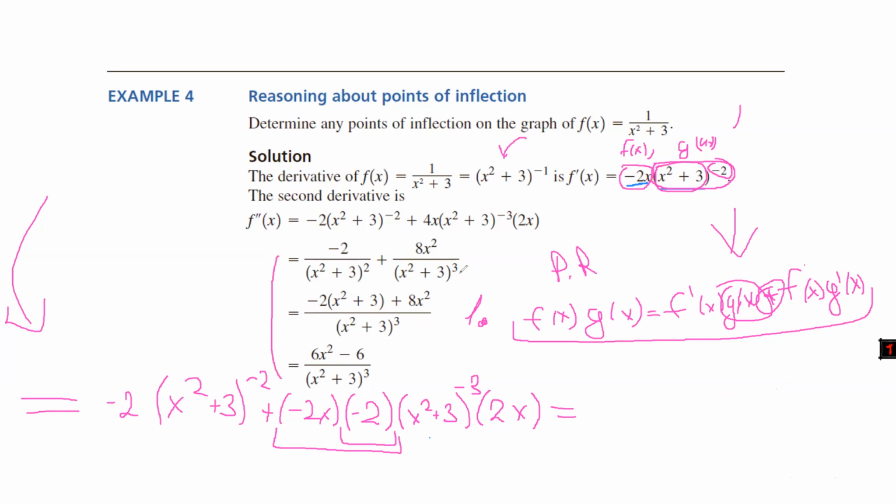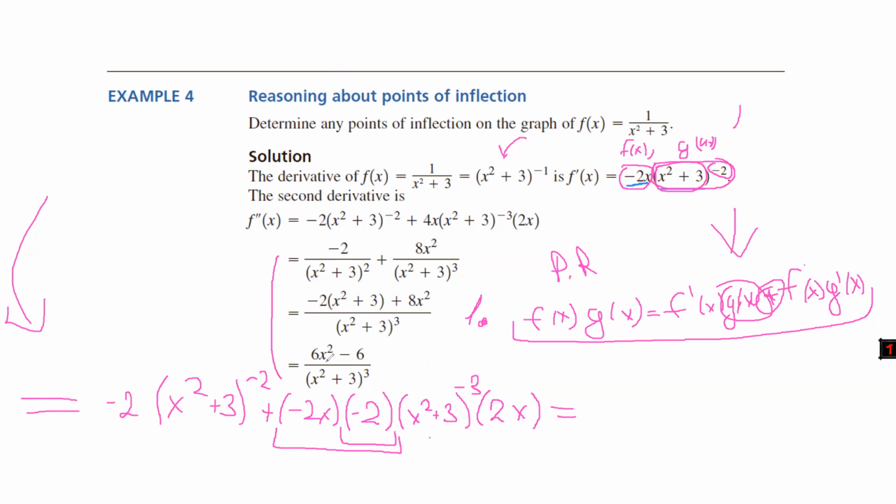Eventually, if you simplify it, first you bring the negative powers to the denominator. Then you bring it to the same denominator to add up both numerators.